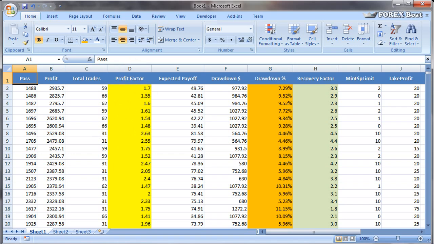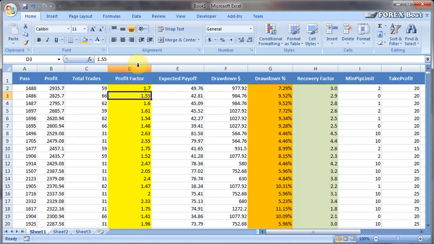I've highlighted the three parameters that we're looking at: the profit factor, the drawdown in terms of percent, and the recovery factor, which we calculated ourselves, with the formula we introduced in the previous tutorial, because this parameter is not calculated in MetaTrader 4.